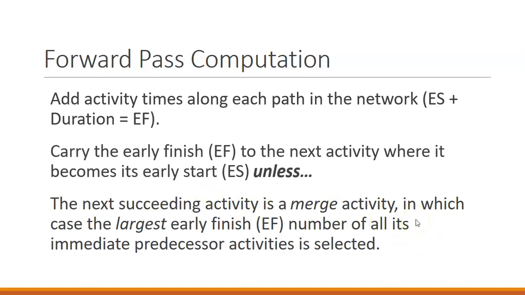So when we're doing a forward pass, we add all these activity times. We carry the early finish to the next activity where it becomes the early start. Unless the succeeding activity is a merge activity, then the largest early finish number of all its immediate predecessor activities is selected.